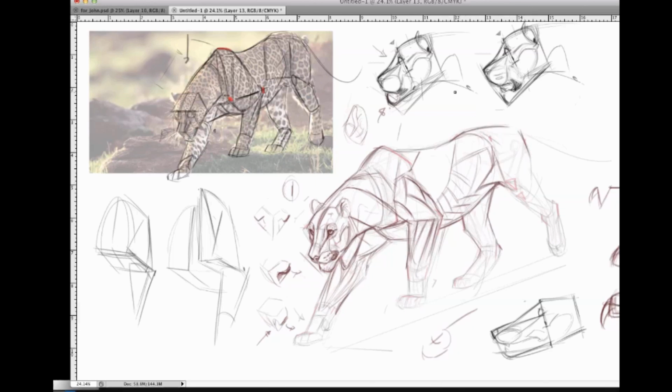So, tensor muscles coming down, glute muscle facing upward, biceps femoris, ankle, and these are all your tendons coming down, supporting your fingers.